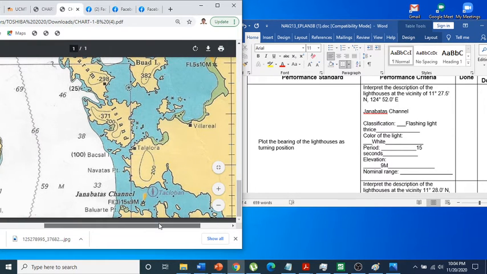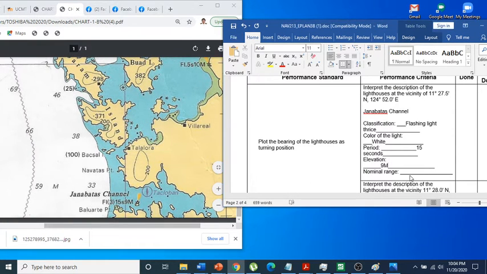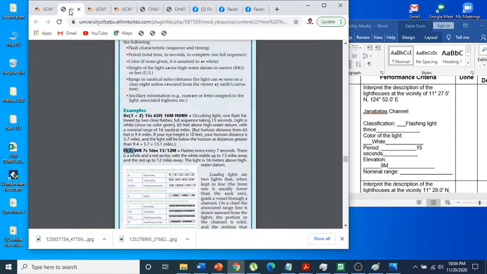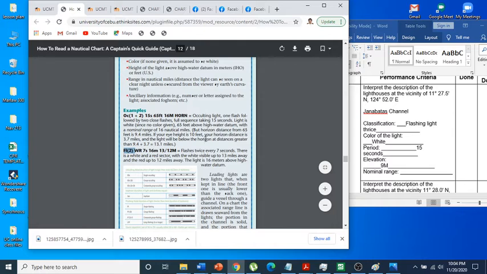There's no additional information on nominal range, unlike here, where you can see 16 feet is the nominal range. But the horizontal distance from 6.5, your height is 10 feet, your horizontal distance is 3.5. The light below the horizon is greater.